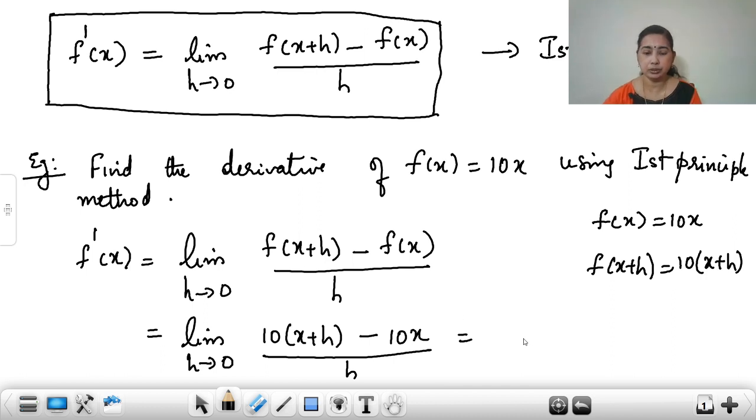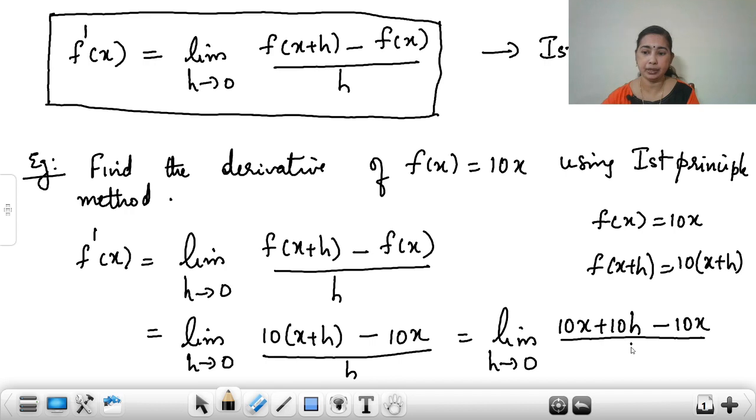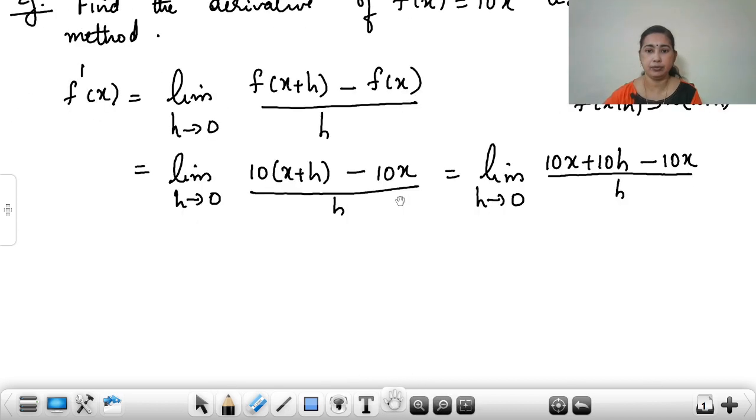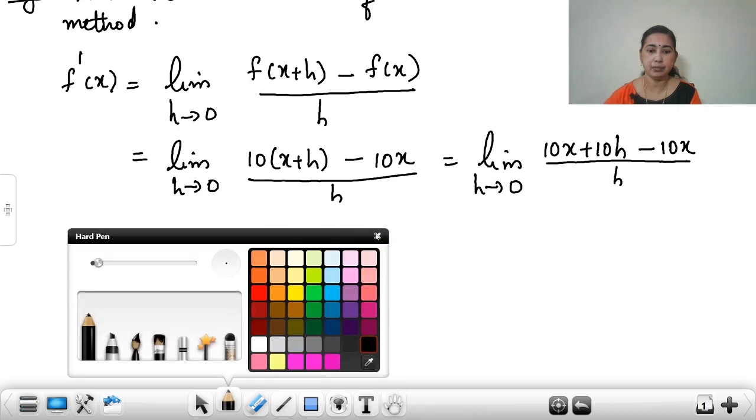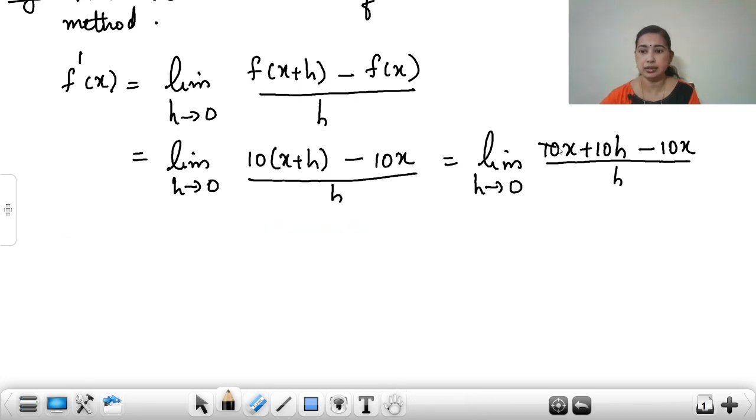That is equal to limit h tends to 0. Open the bracket: 10x plus 10h minus 10x, whole divided by h. Then we can simplify that. 10x and minus 10x get cancelled.